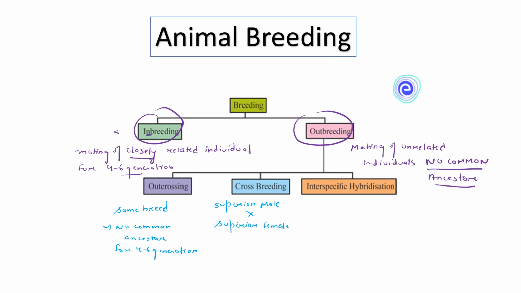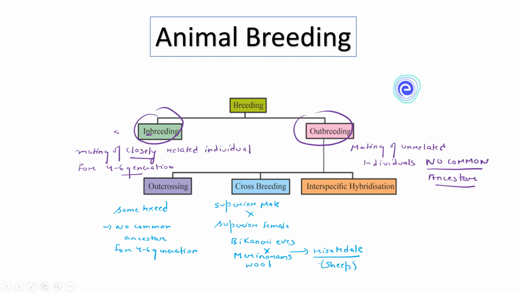For example, Bikaneri ewes mate with Marino rams to produce Hisardale sheep in Punjab.